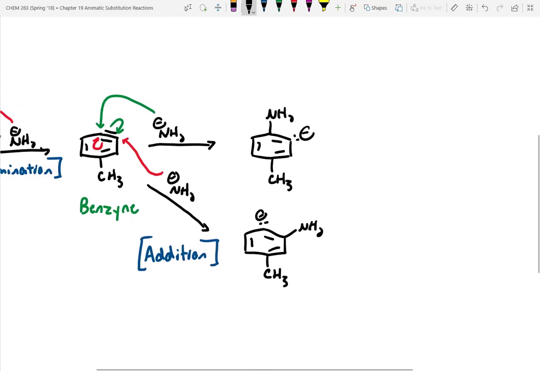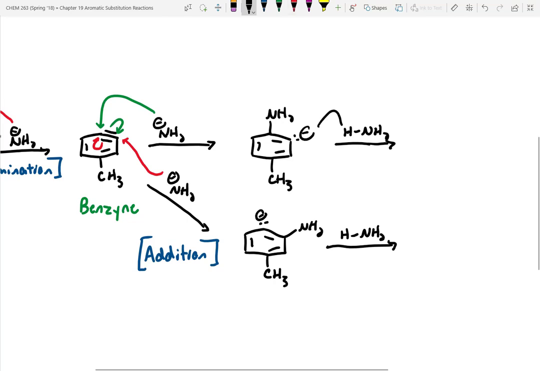All right, and then in the last step, we need to form our final product. And the only acid around is ammonia. It's not a very good acid. However, this is a really, really strong base.